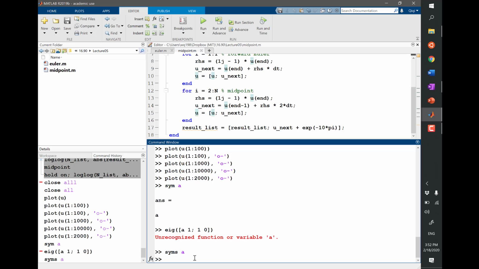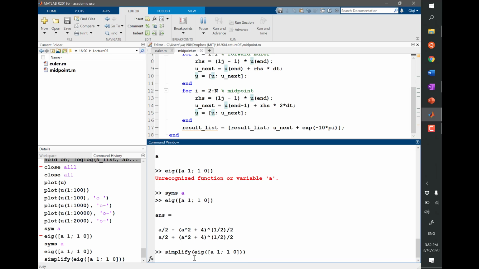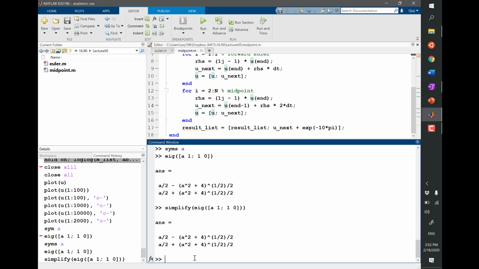So here is what I get. Can I try to simplify that? Still the same thing. What you should notice is that I get the average of two things: A divided by 2 and the square root of this thing divided by 2.